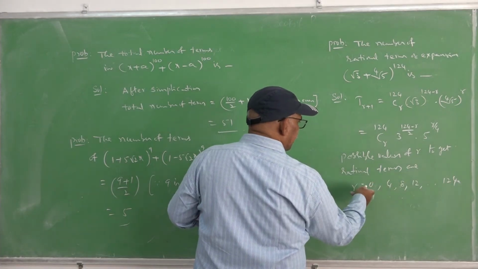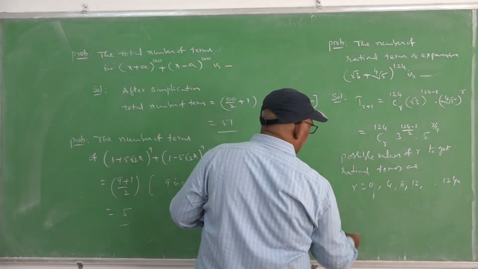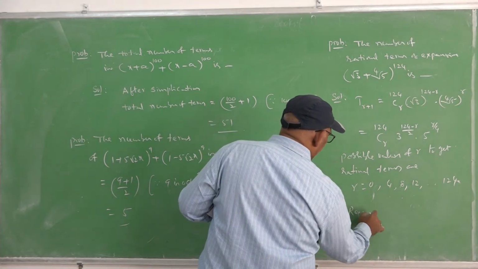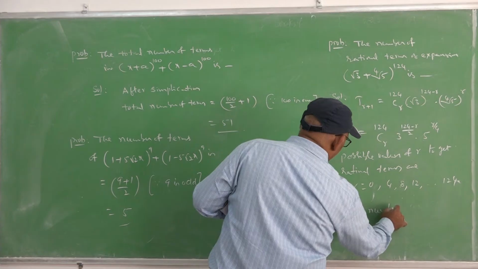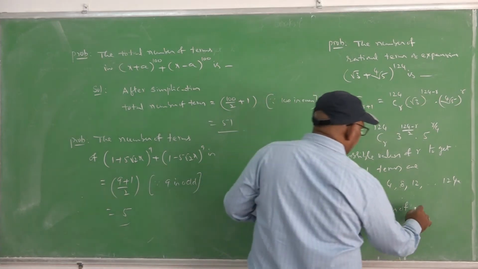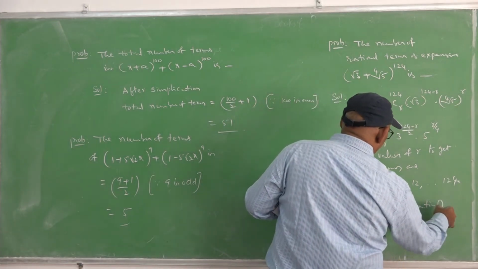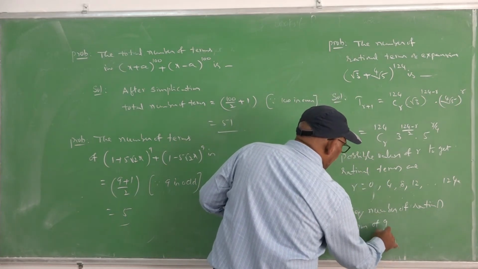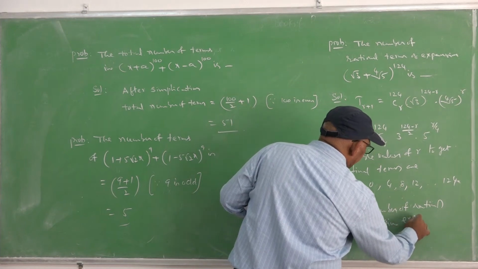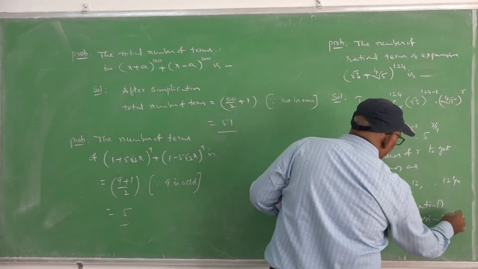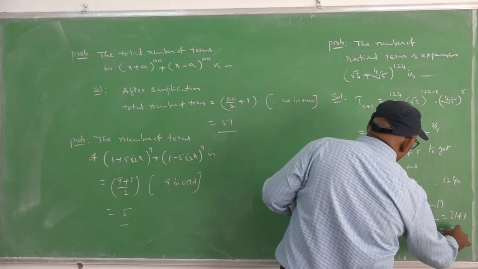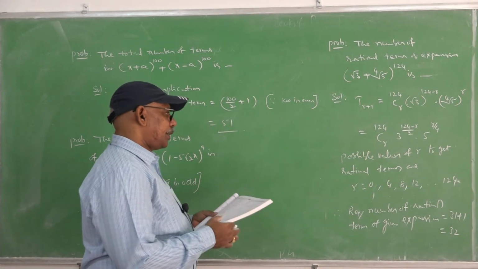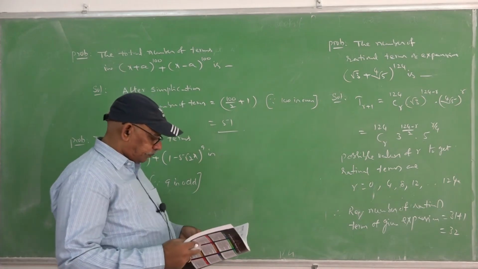That is 31 plus 1, 32 values of r. So the required number of rational terms of the given expansion is 32.